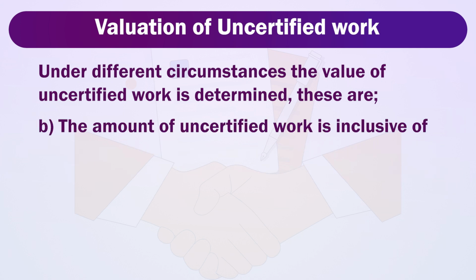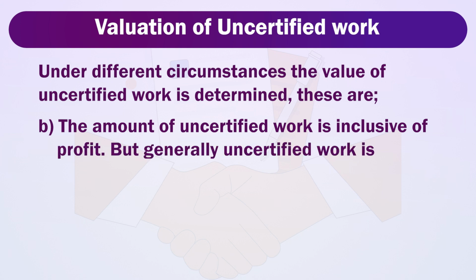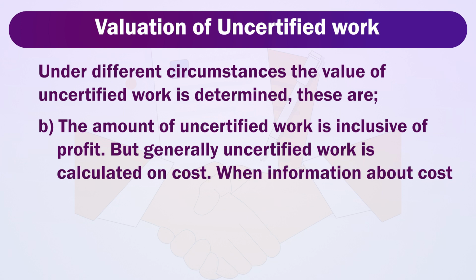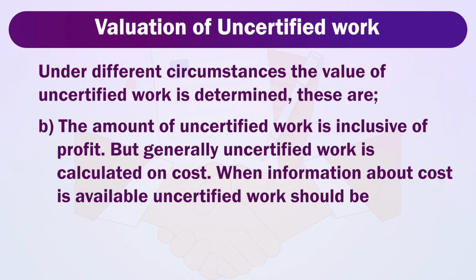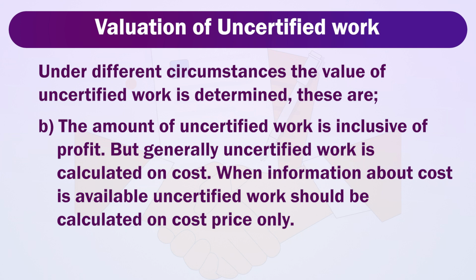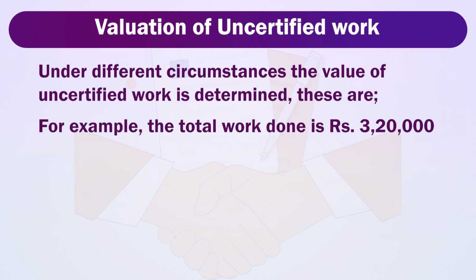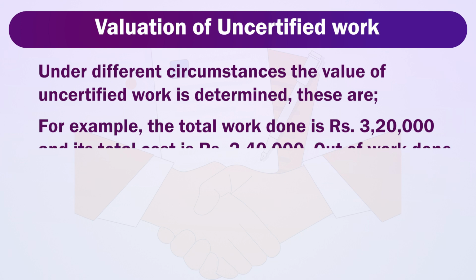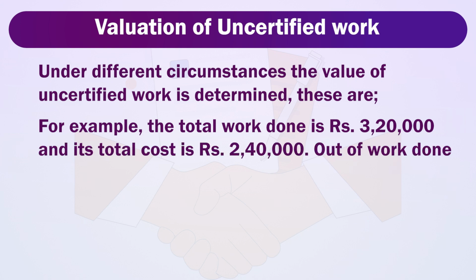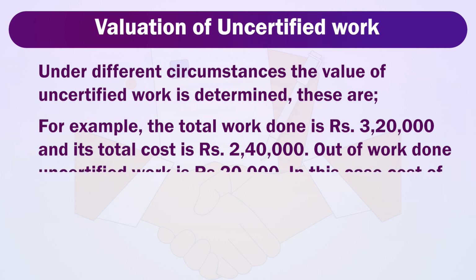Second, the amount of uncertified work is inclusive of profit, but generally uncertified work is calculated on cost. When information about cost is available, uncertified work should be calculated on cost price only. For example, the total work done is rupees 3,20,000 and its total cost is rupees 2,40,000.